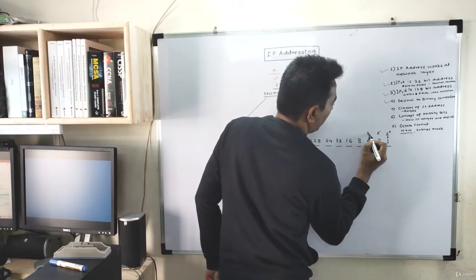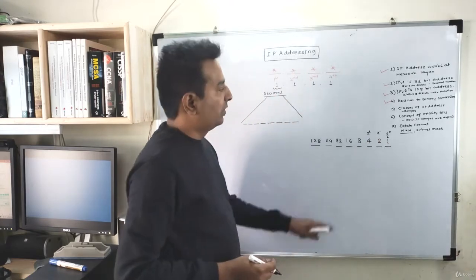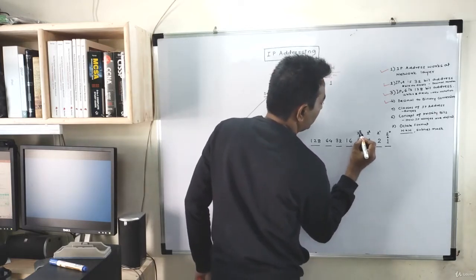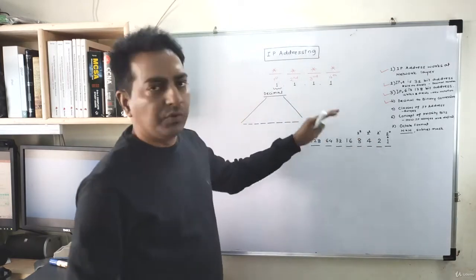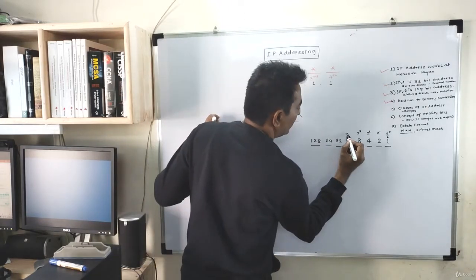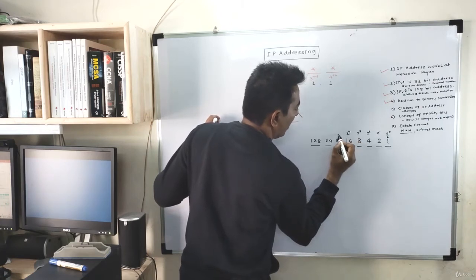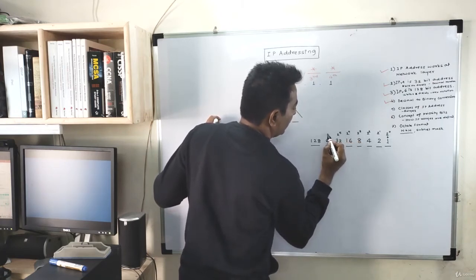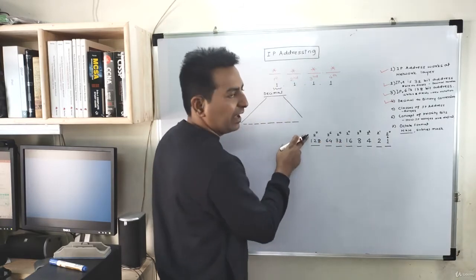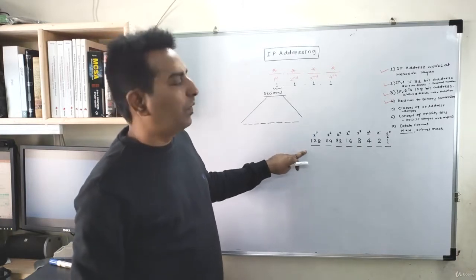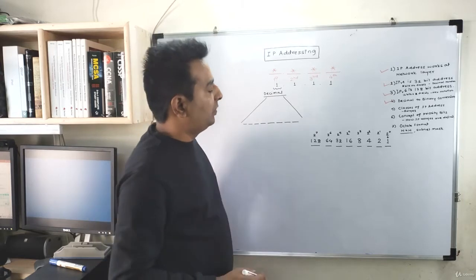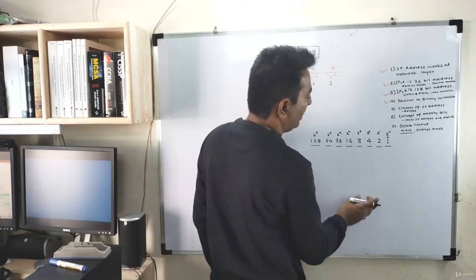Now 2 to the power 3: 2 into 2 into 2 comes out to be 8. So likewise, if you keep incrementing the power, finally you arrive at a value of 2 raised to 7, which represents 128.